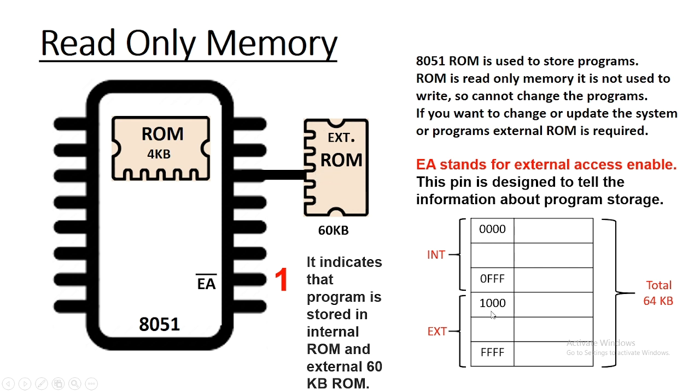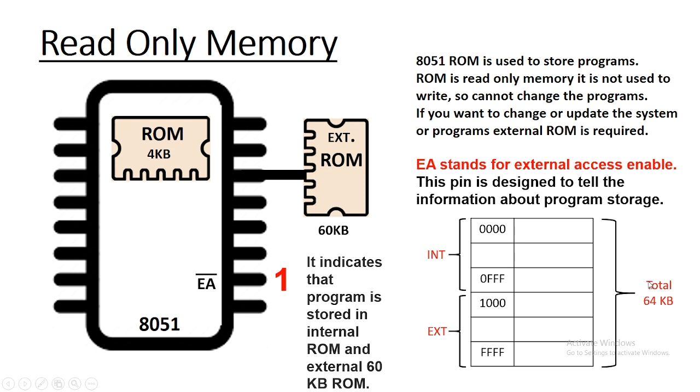So the address for the external ROM is 1000H to FFFFH. So both memories work together as a single memory unit, providing you 64 KB of ROM memory.